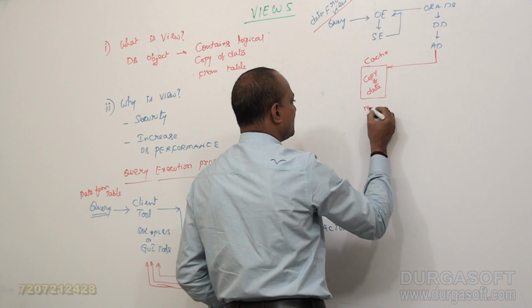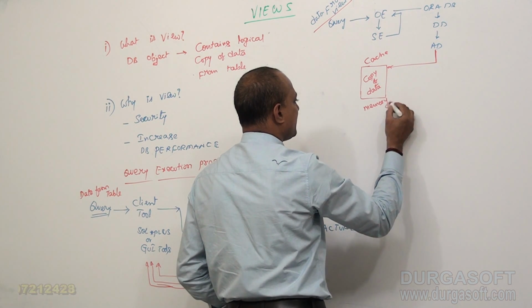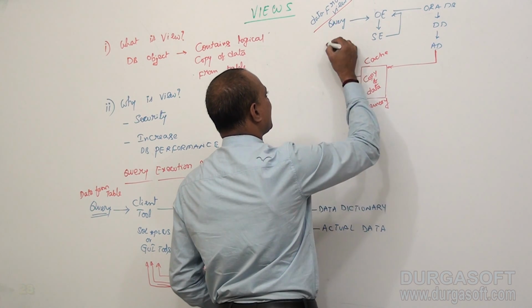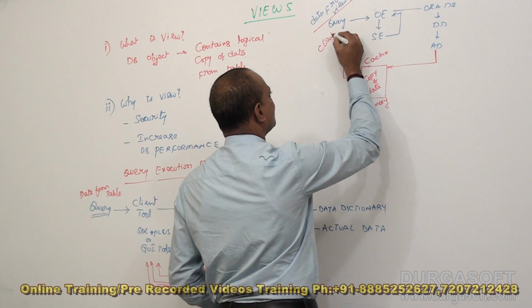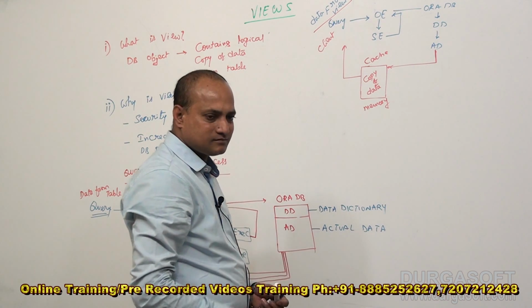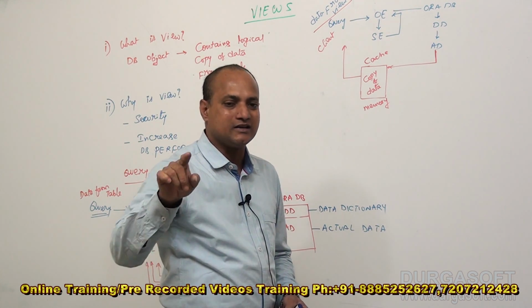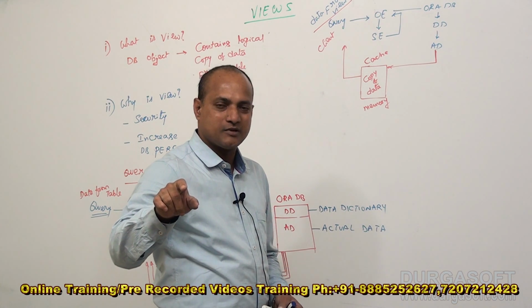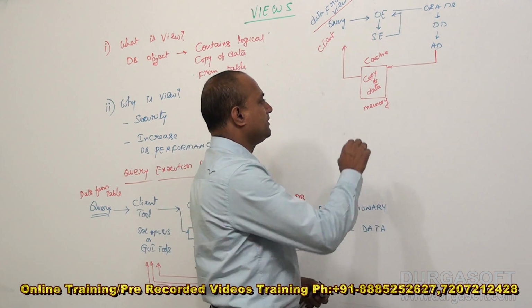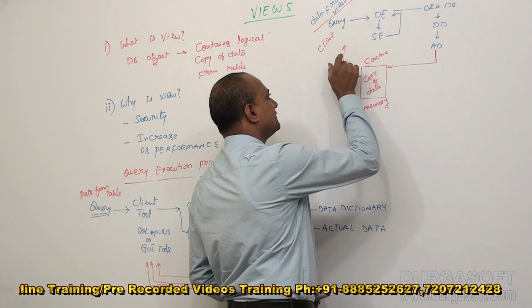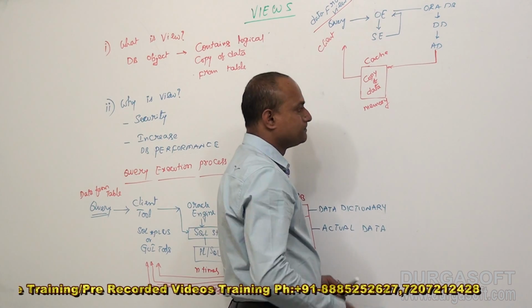Remember this. From cache memory, it will display to the client. This is the client system. So the first time it is hitting the database and getting the requested copy from the view, and that copy will be saved under cache memory, and from cache memory the client will get the output.